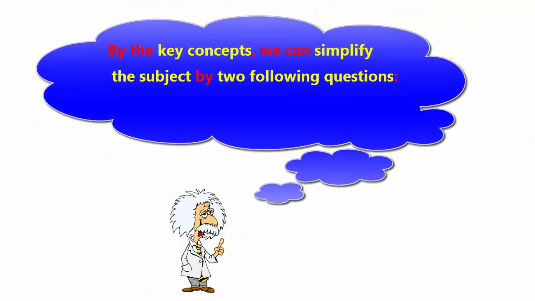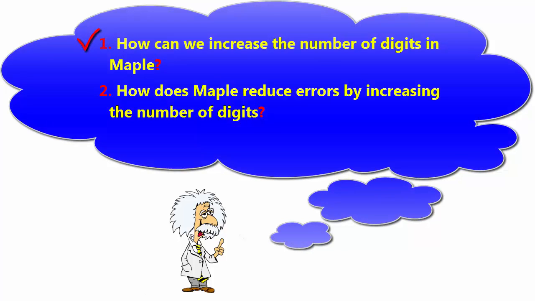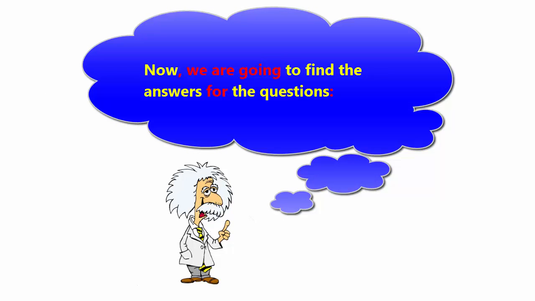By the key concepts, we can simplify the subject by two questions. 1. How can we increase the number of digits in Maple? 2. How does Maple reduce errors by increasing the number of digits? Now, we are going to find the answers to the questions.